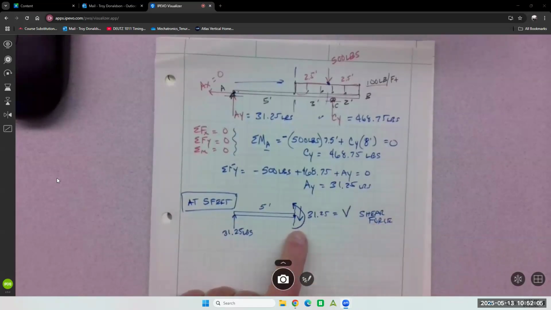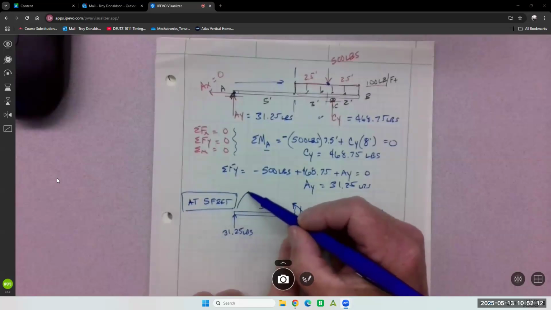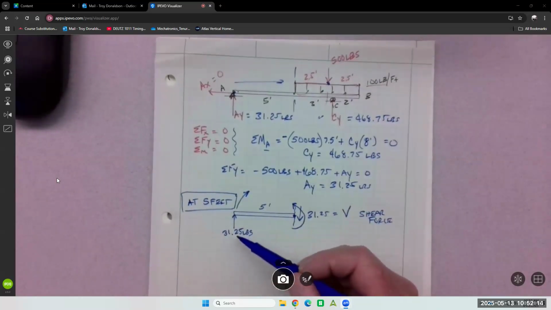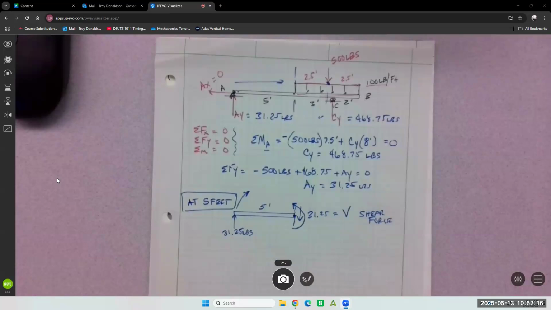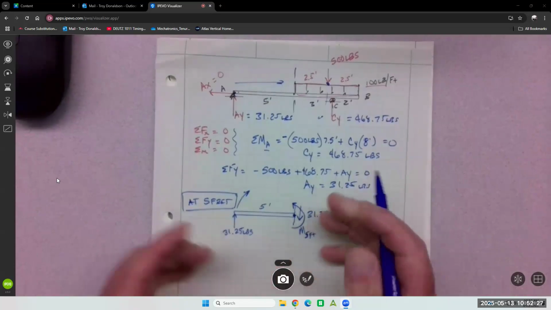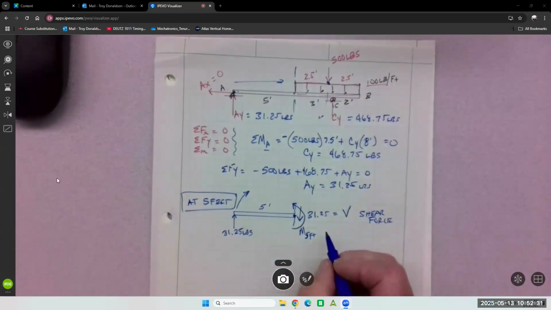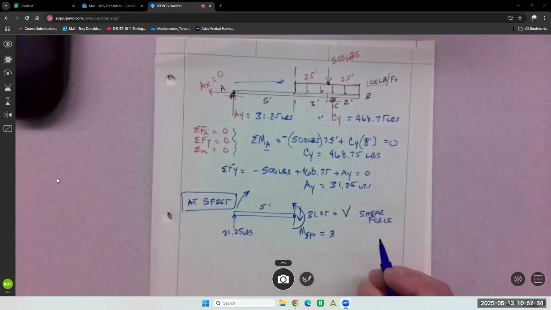And it's usually drawn with a rotating moment sign. And it's going to oppose the external rotation. So the 31 is trying to rotate clockwise, right? So the internal moment at 5 feet has to rotate counterclockwise and put it in equilibrium. 31.25.